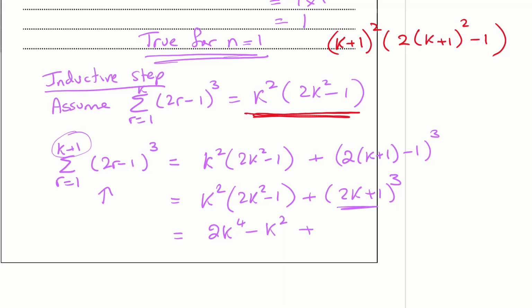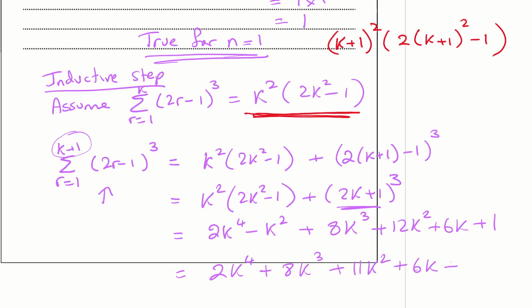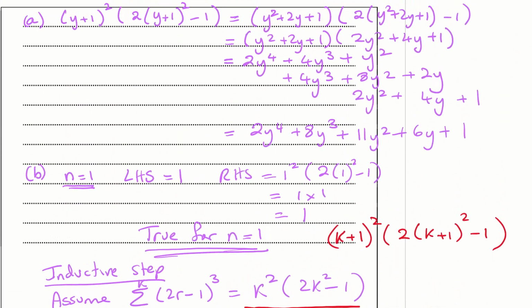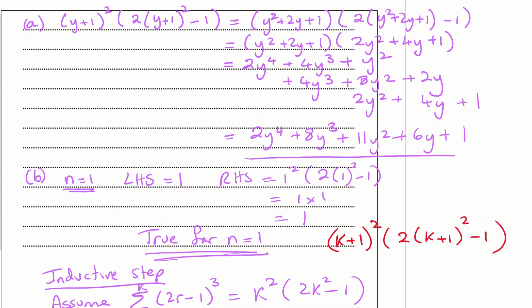And then expanding this bracket using the binomial expansion, we get 8k cubed plus 12k squared plus 6k plus 1. Tidying that up gives us 2k to the 4 plus 8k cubed plus 11k squared plus 6k plus 1, which should look familiar from the first part of the question.